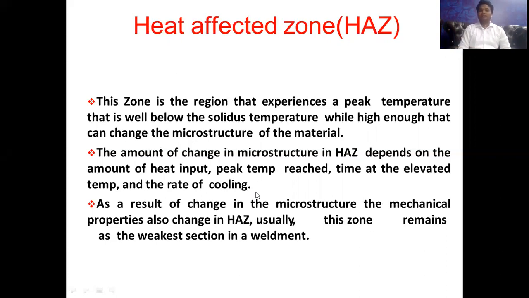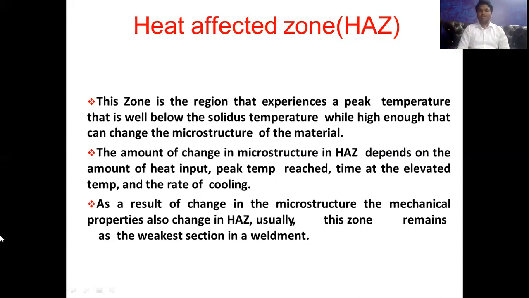For welding a particular material, time is also a factor. We call it welding speed. Depending upon the welding speed, the weld material stays at such temperatures for a certain time. So the HAZ also varies with the time at elevated temperature and the rate of cooling. The time to cool the weldment from the peak temperature to room temperature is called the rate of cooling. So the change in the microstructure will depend upon the heat input, the peak temperature reached, the time at the elevated temperature, and the rate of cooling.